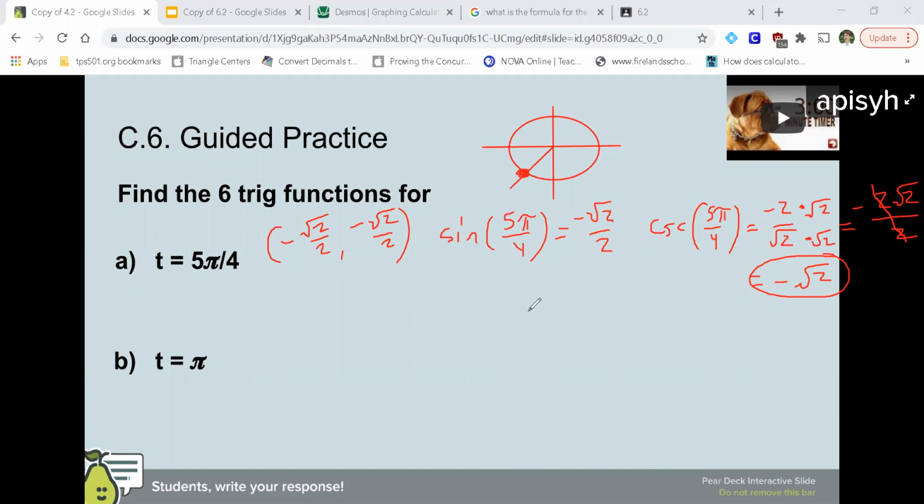The nice thing about this problem is, since the x and y values are the same, the cosine of your angle is the x value, but that's the same thing. And so then the reciprocal of that would be the same thing too, negative square root of 2.